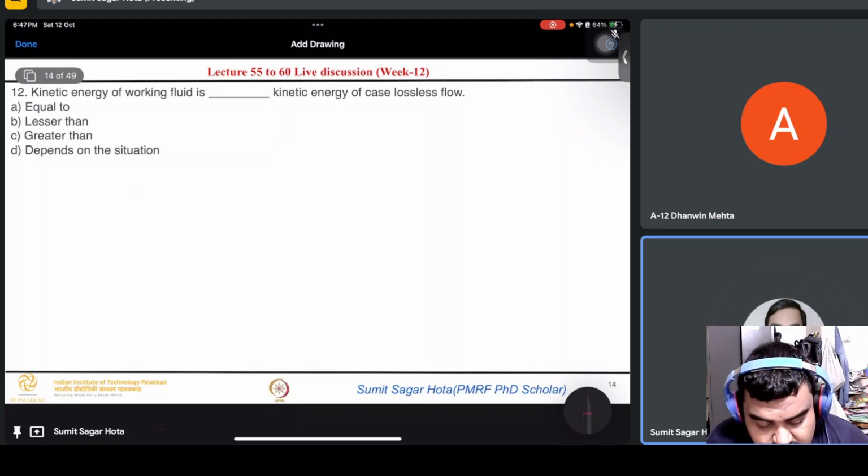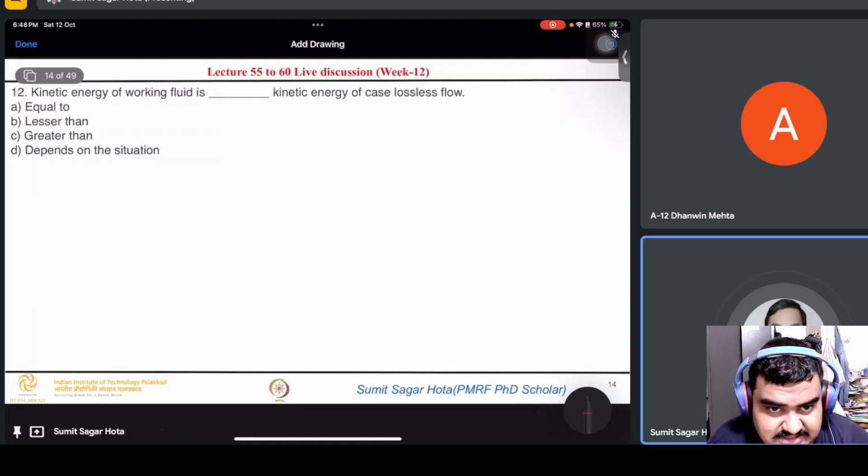They're asking whether the kinetic energy loss is higher or lower than the loss in the working fluid. I already told you the loss in the working fluid is due to the friction.